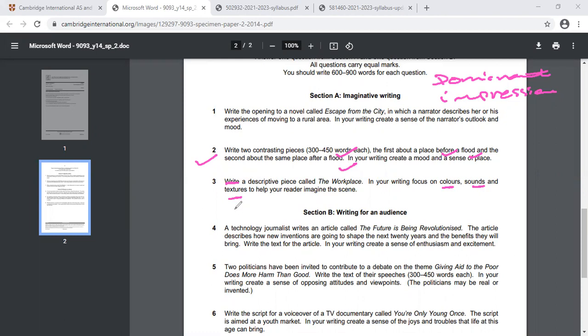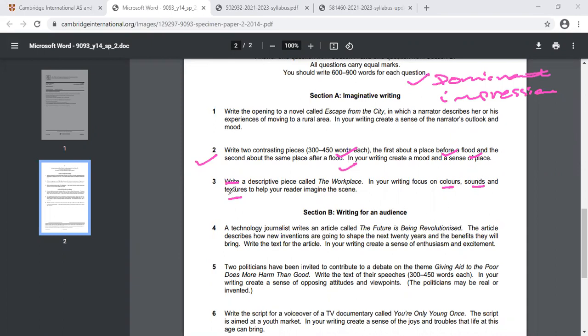Textures, of course, would be rough or something like that. So it all depends on the impression I've chosen, because this question gives us the liberty to write either positively or negatively whatsoever.